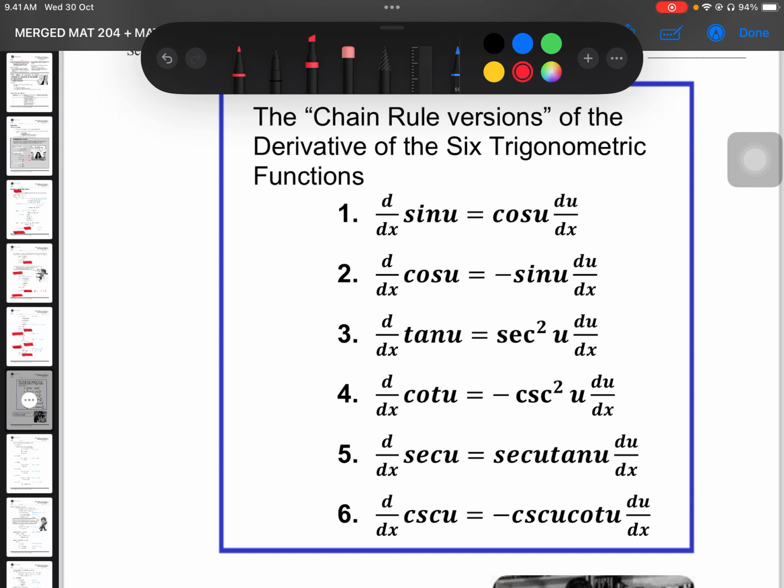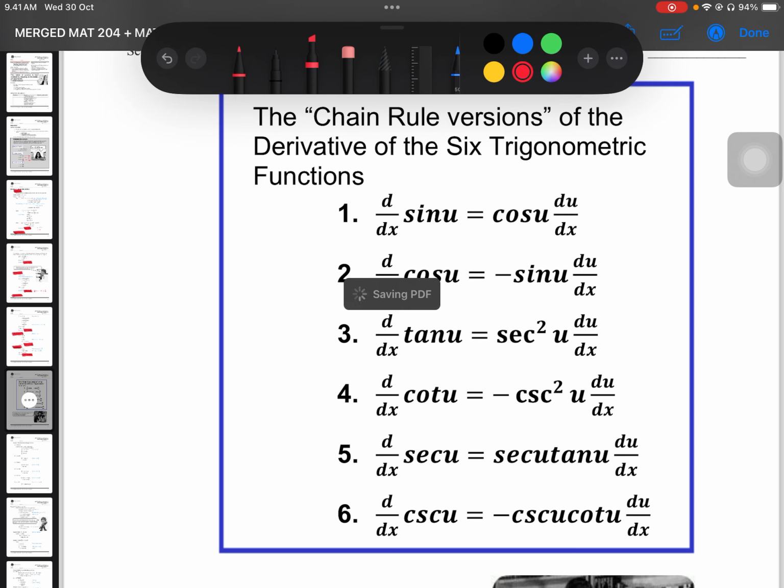The derivative of cosine u is equal to negative sine u times du over dx. The derivative of tangent u is equal to secant squared u times du over dx. The derivative of cotangent u is equal to negative cosecant squared u times du over dx. Then, the derivative of secant u is equal to secant u tangent u times du over dx.